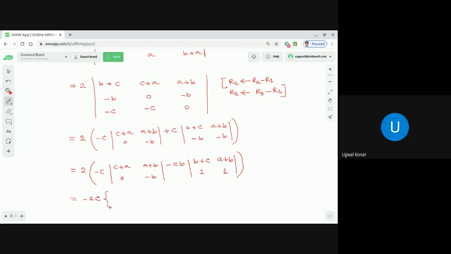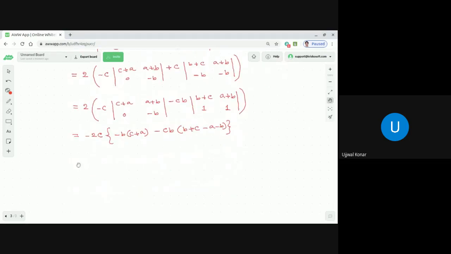Then after that, what we are going to get? It is minus B into C plus A, expanding the determinant 2 by 2, and then 0. And then what we get? Minus CB into B plus C minus A minus B. Correct, dear students? So what we are going to get here then?